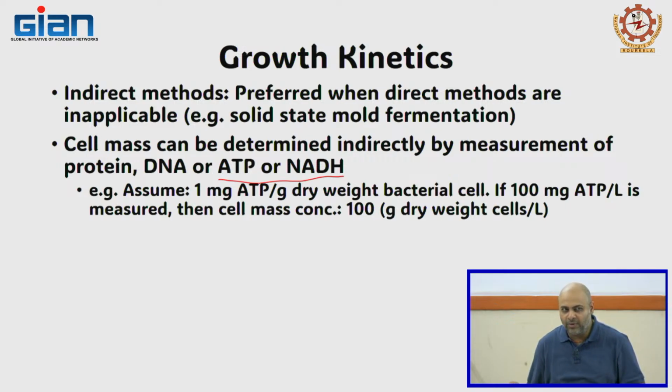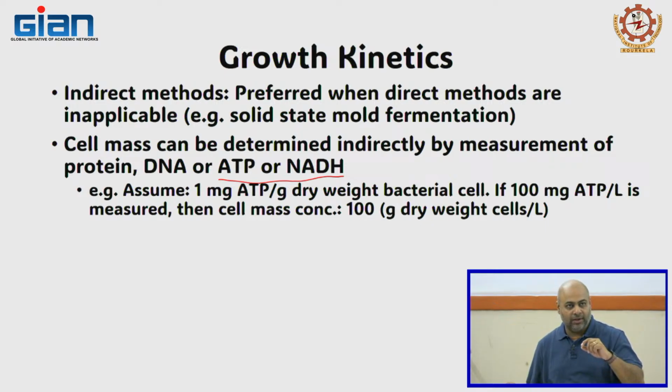Now, if you are looking at the ATP and NADH, these are products of the metabolic pathways, right, either glycolysis cycle or the TCA cycle, you do get these produced. So, if you are aware of how much of ATP would be generated by a given biomass, you can estimate by estimating the total ATP amount. So, for example, assume that 1 milligram of ATP per gram dry weight of bacterial cell is produced.